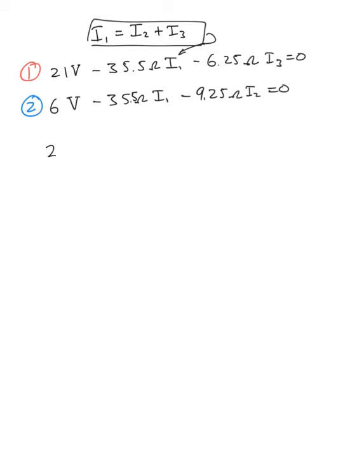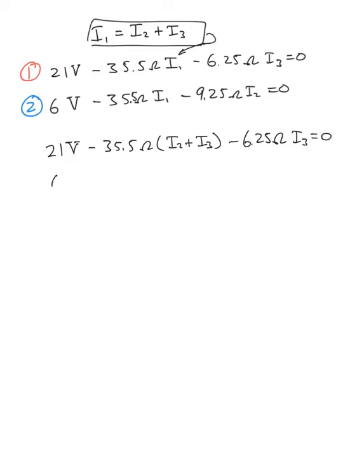So I could say that 21 volts minus 35.5 ohms multiplied by I2 plus I3, minus 6.25 ohms multiplied by I3 equals 0.